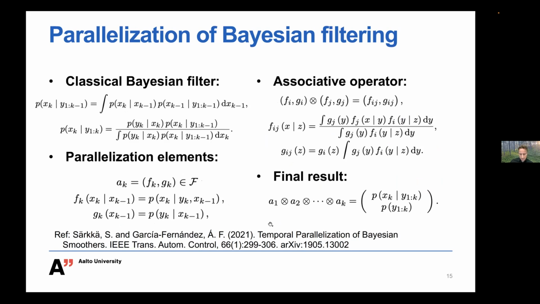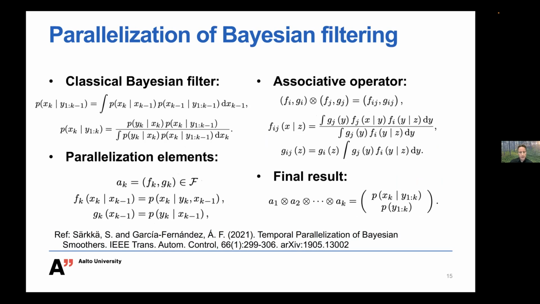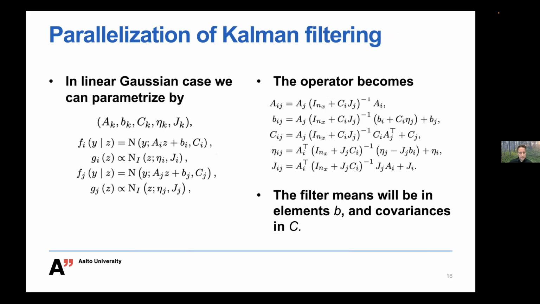The derivations are indeed in this article. So this is the filter, and then you can also parallelize the smoother in the same way. Actually, I think that I have it there. But anyway, as we discussed a moment ago, as a special case we get something called the Kalman filter from this.